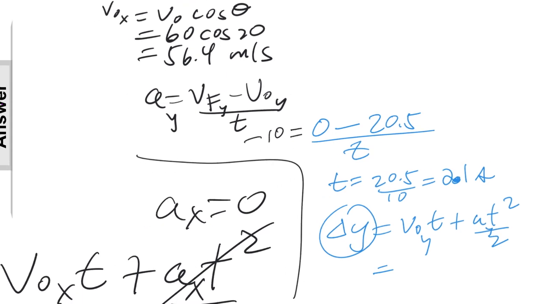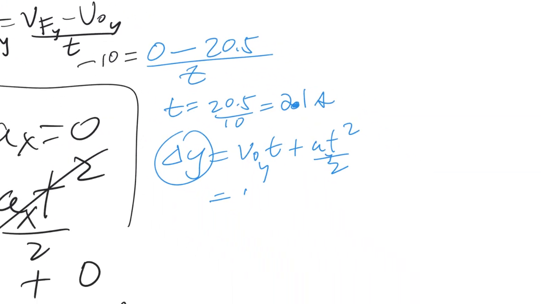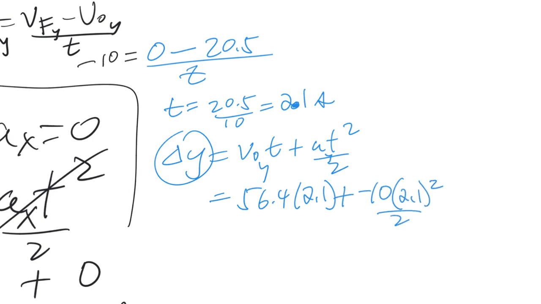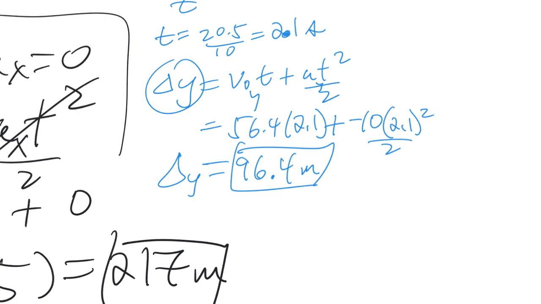So VOY is 56.4 times the time that I just found, plus AY, -10, times 2.1 squared divided by 2. And I get 96.4 meters as the maximum height.